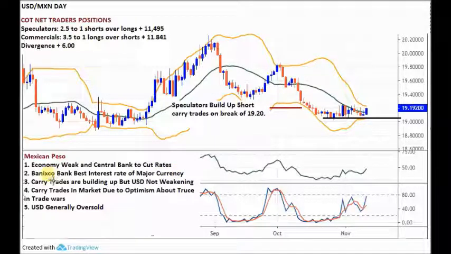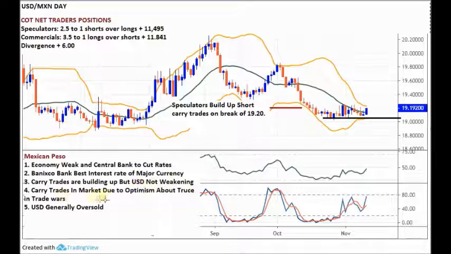But the Banxico Bank, which is the central bank of Mexico, offers the best interest rate of a major currency. So you're picking up 9% in interest rate earnings over the USD's below 2%. So you've got that differential, okay? So what you're getting is, like I said, the carry trades are building up, the USD is not weakening.